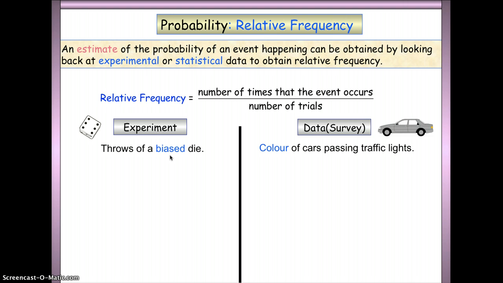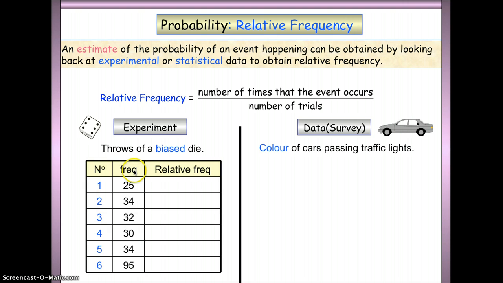Based upon the experiment, when they threw the die, they counted everything. Out of 250 trials, they threw the die 250 times. The one came out 25 times, 2 came out 34 times, 3 32, and so on and so forth, 6 95 times.